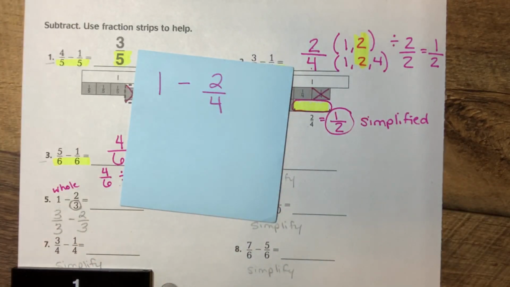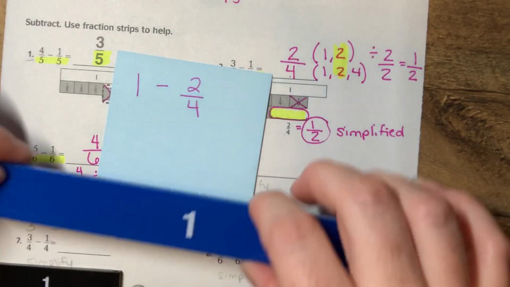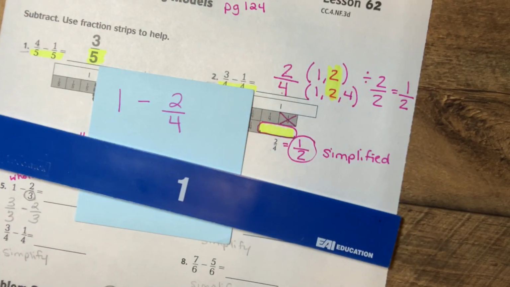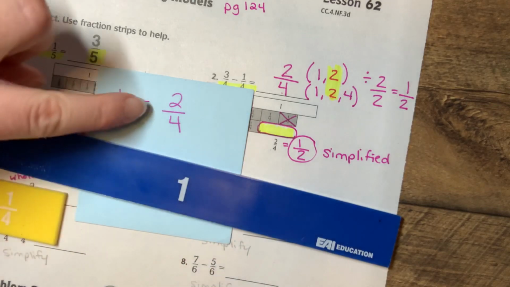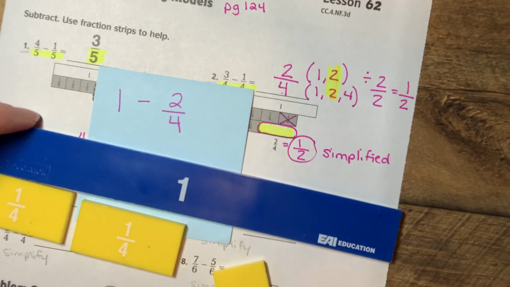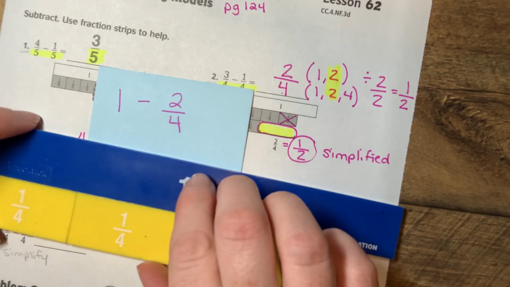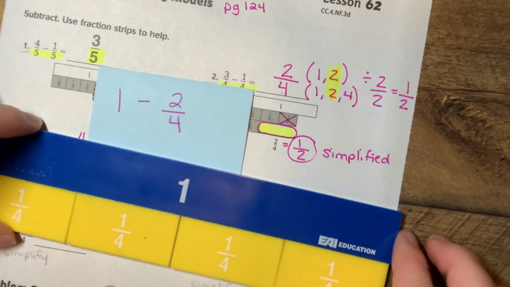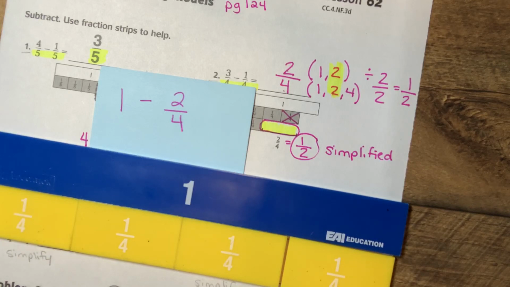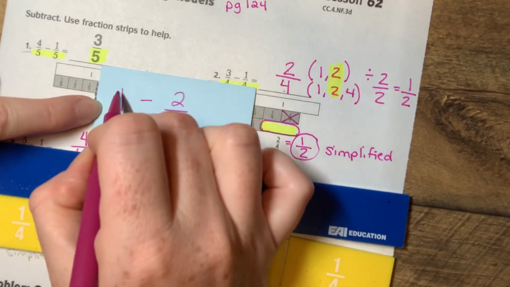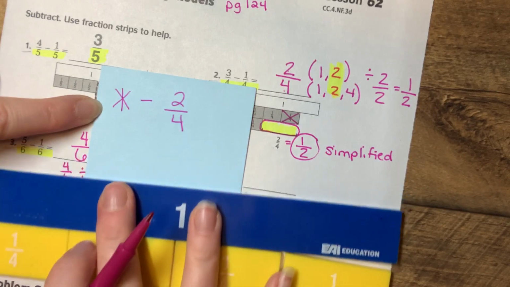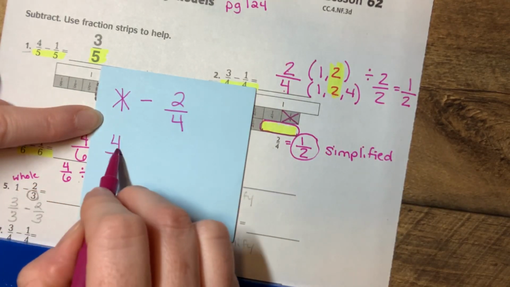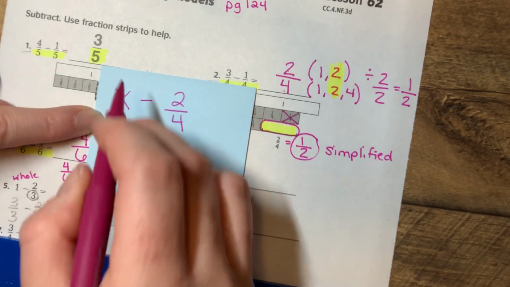2/4. Well, in this case, I have my 1 whole, but this time I'm dealing with fourths. So because I'm dealing with fourths, because that denominator is a 4, I need to change my 1 whole into fourths. So I would say this denominator is 4, so I'm not going to write it as 1 whole. I'm going to write it as 4/4, because 4/4 is the same thing as 1 whole.